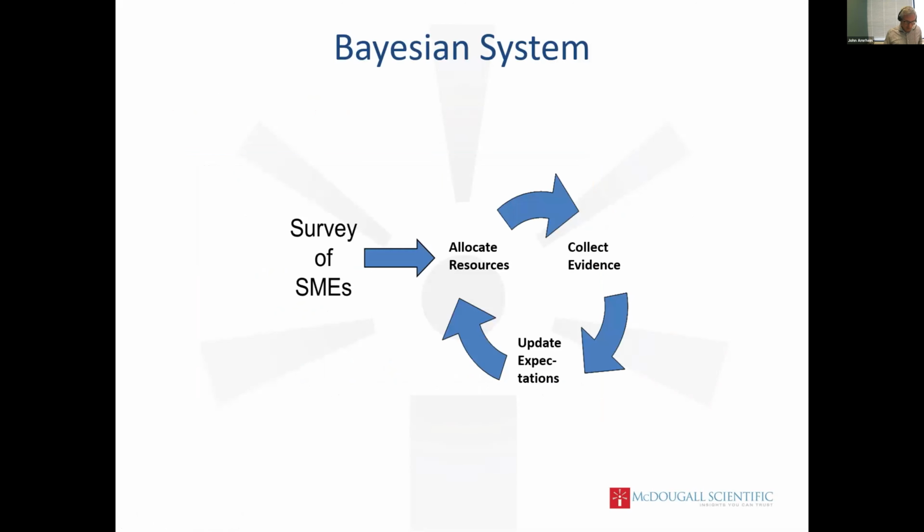This method can be incorporated into what I call a Bayesian system. It can be cyclical. So I said that the prior is updated, becomes a posterior, becomes our new estimate. That then becomes a prior in the next study, and you can cycle through this over and over again.